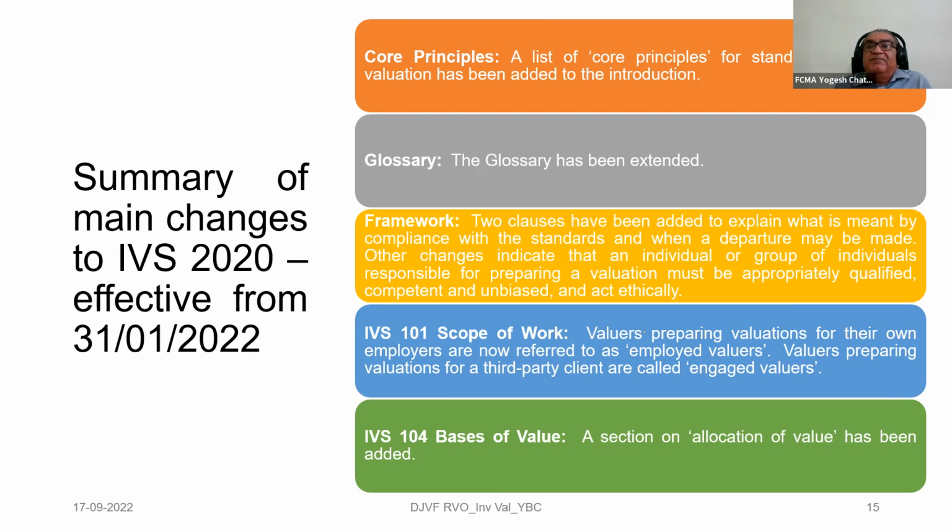Whoever are members of Divya Jyot RVO or any other RVO in India, there are 16 recognized RVOs, as we are all aware. The RVO which has adopted this IVS requires its members to have the latest version of the International Valuation Standard.